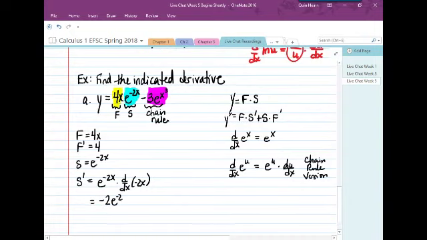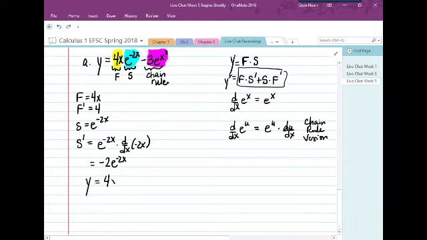Okay, so we have all the components we need for our product rule to take the derivative of the 4x e to the negative 2x part. So I'm going to go ahead and recopy my function down here. We have y equals 4x e to the negative 2x minus 3e to the x cubed.